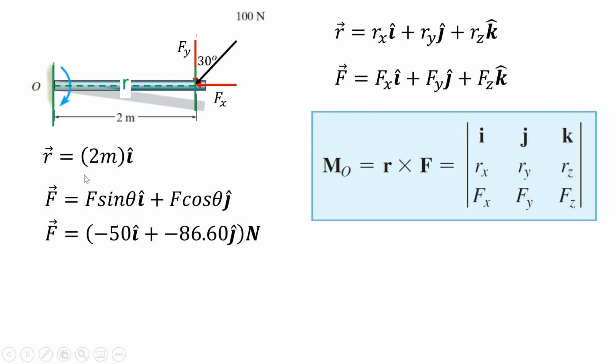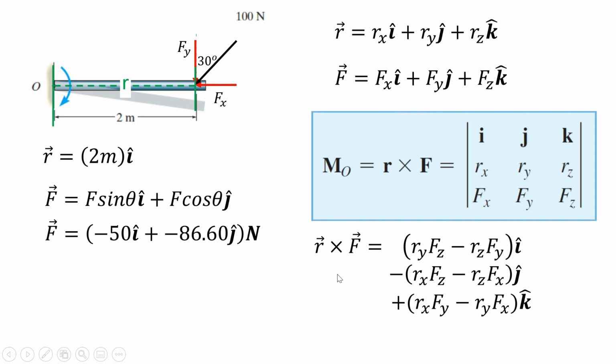So let's try to solve the product of these two vectors using this matrix. Remember, this is the pattern. That is R cross F, so this is the moment arm and this is the force. We have to cover first the i.